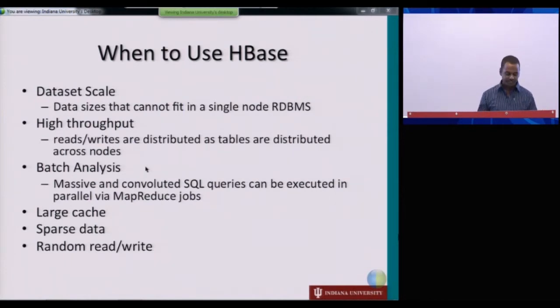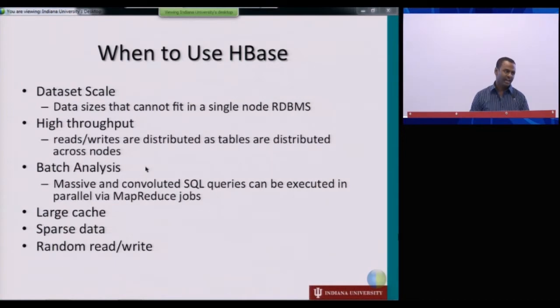When to use HBase? Especially when you have very large data. When we're talking about these data scales, we're talking about hundreds of gigabytes. If your data can fit into a single machine, a single fat node, and can be put into a single RDBMS, then it's probably not a good idea to go ahead with HBase. But on the other hand, if your data has the potential to go to hundreds of gigabytes, terabytes, or even up to a petabyte, then HBase would be an ideal candidate.